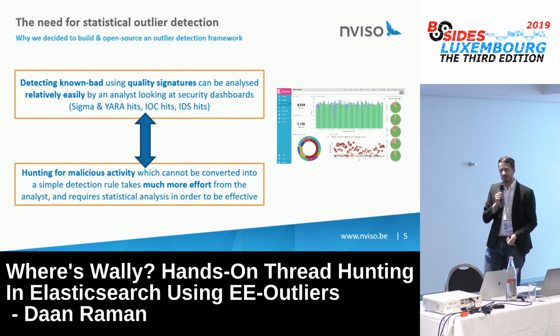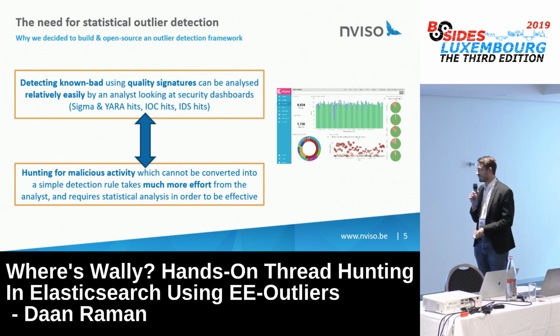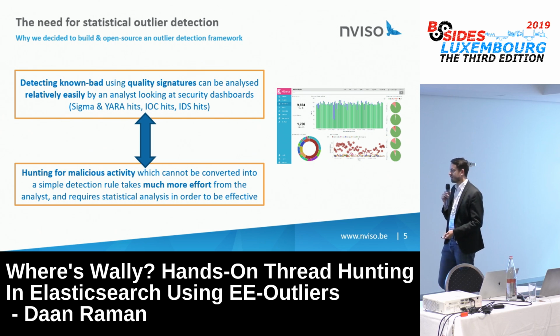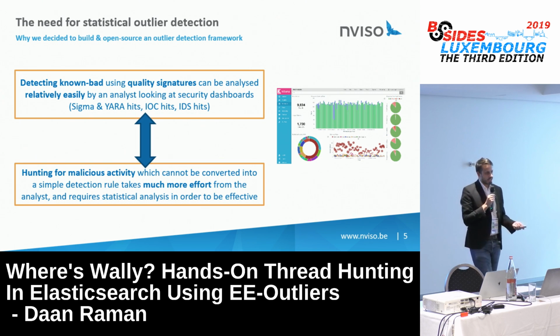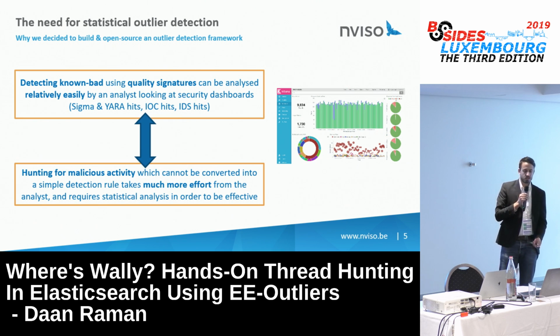Now, on the other hand, if we try to hunt for malicious activity that cannot be converted into, I would say, a very simple detection rule, it takes much more effort to do this, and it requires some statistical analysis. To put this in perspective, at customers where we do threat hunting and security monitoring, if we collect, let's say, 100 million events per week, we might have a few thousand alerts that somehow we need to triage in first line.